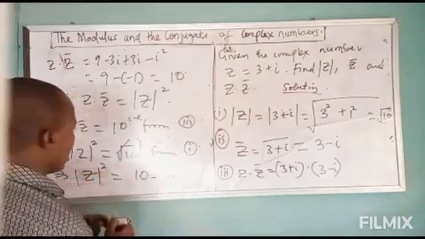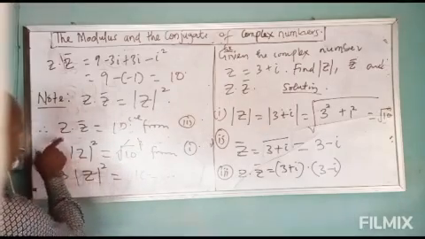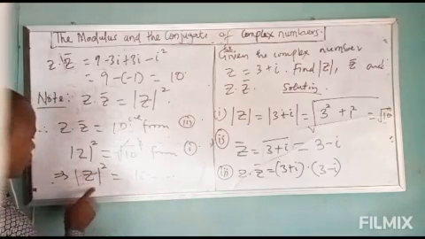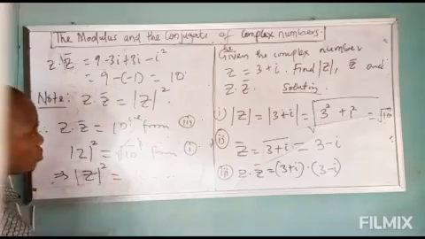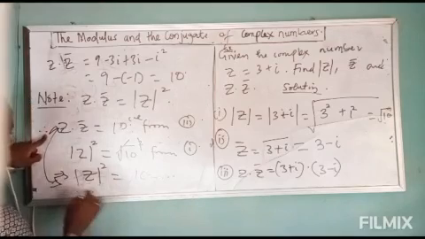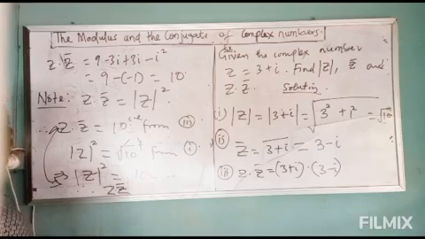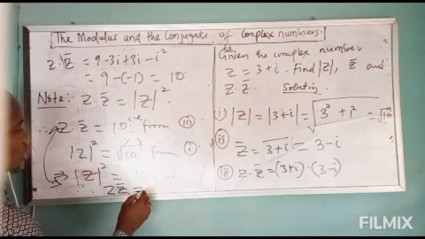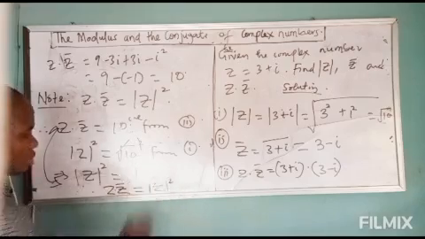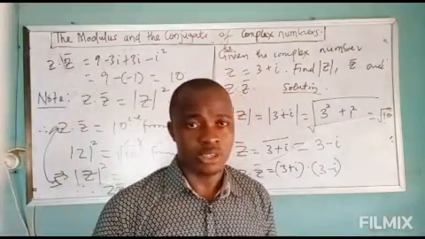You can see that the right-hand sides are the same thing: z dot z bar equals 10, and the absolute value of z squared also gives us 10, which means this is equal to this. So we can deduce that z dot z bar equals the absolute value of z squared. I get what I'm saying now.